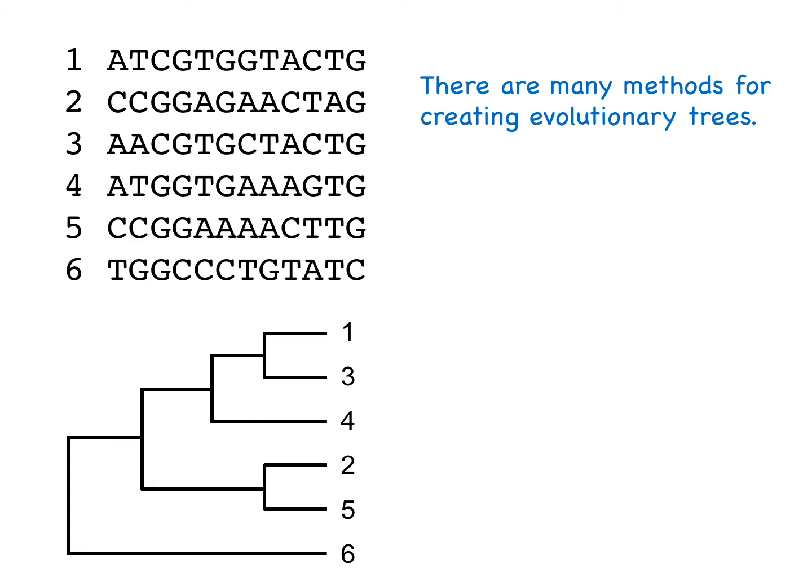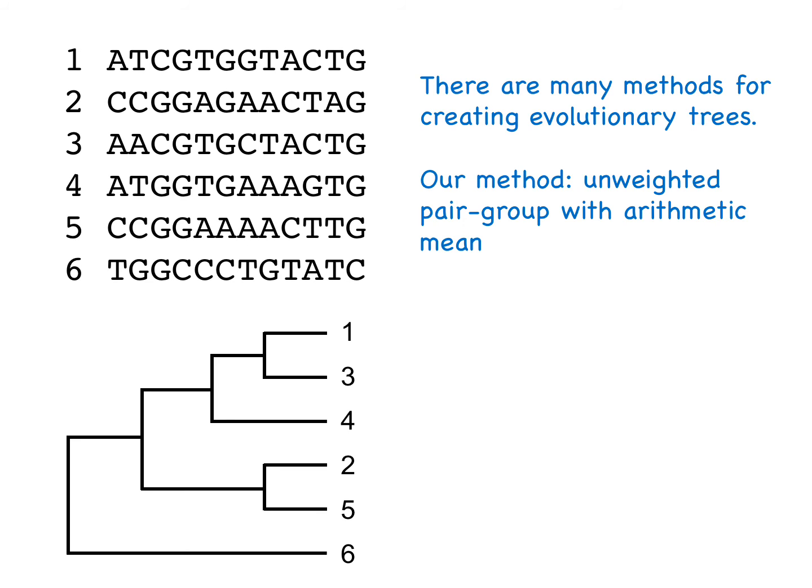Basically, again, the phylogenetic tree is just based on comparing the number of differences between all the sequences we're comparing. All right, just a few things I want to summarize here. As I mentioned before I started, there are many different methods for creating evolutionary trees. The method that we used in this case is called the unweighted pair group with arithmetic mean method.